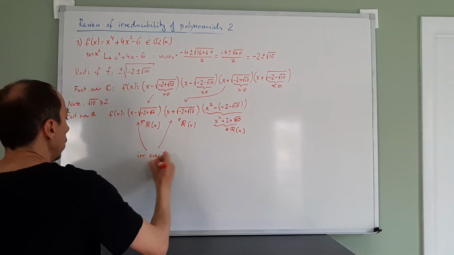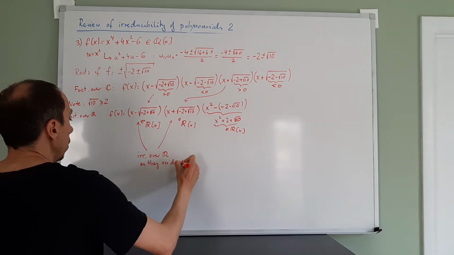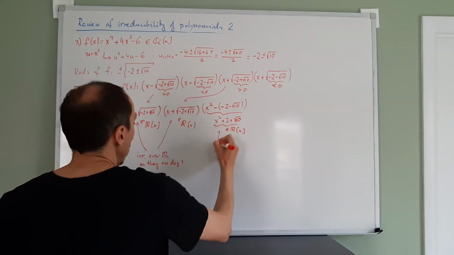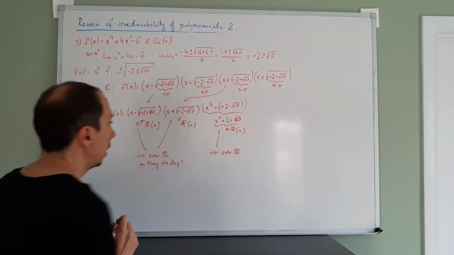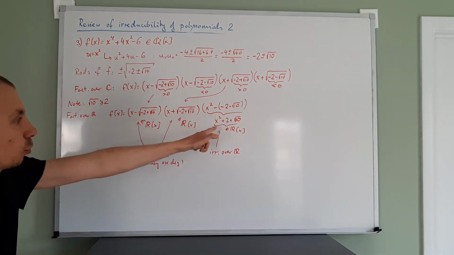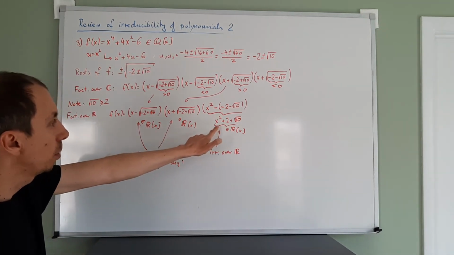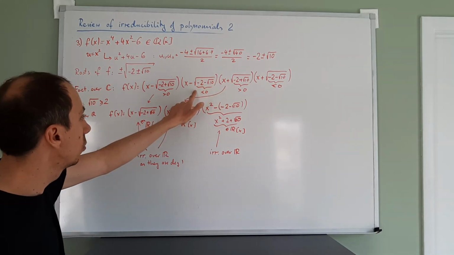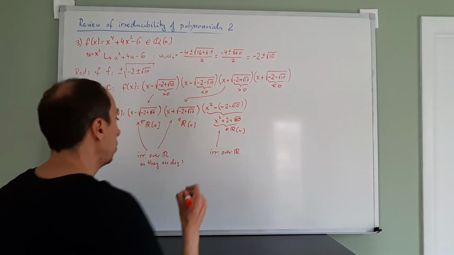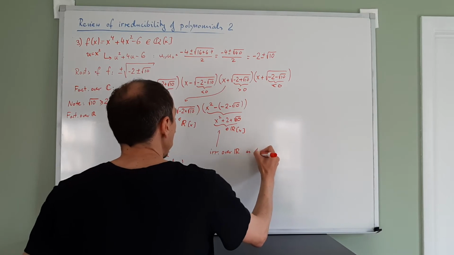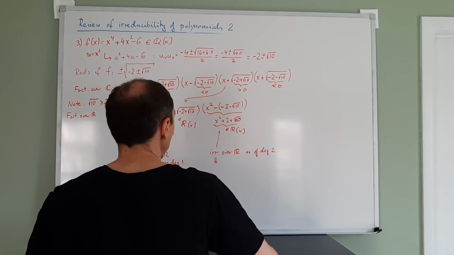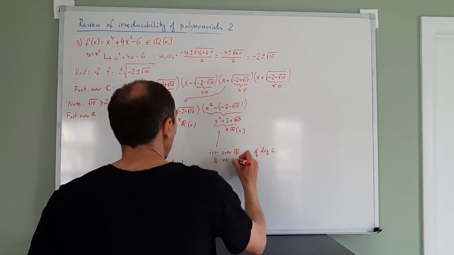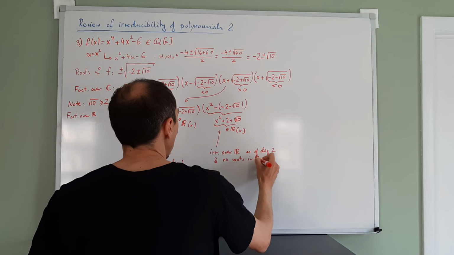Irreducible over R as they are degree 1, while this one does not have degree 1. However, it has degree 2, and I know it has no roots in R because I know exactly what the roots of this polynomial are. They're these two non-real roots. So irreducible over R as it is of degree 2 and has no roots in R.